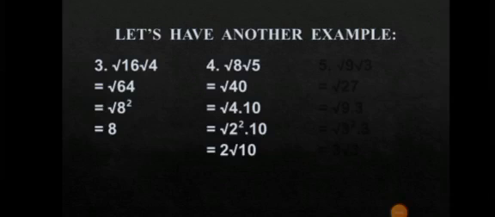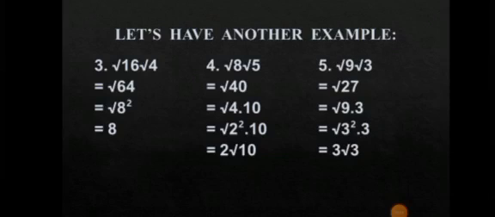Since 4, it is equal to square root of 4 times 10. Since 4 is a perfect square, we can rewrite it as 2 squared. Then the expression is the square root of 2 squared times 10. Then cancel the square, and 2 goes outside. Then the final answer is 2 square root of 10.